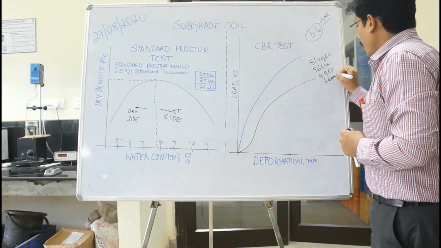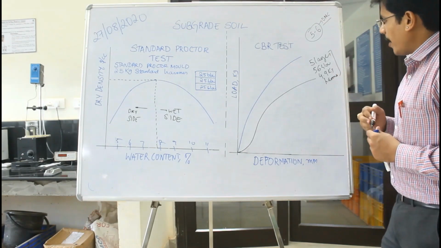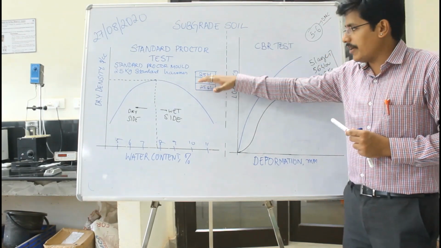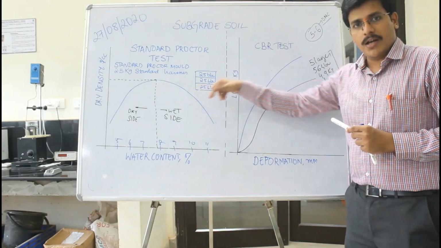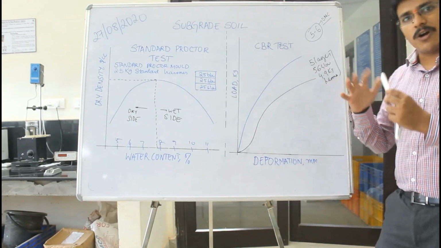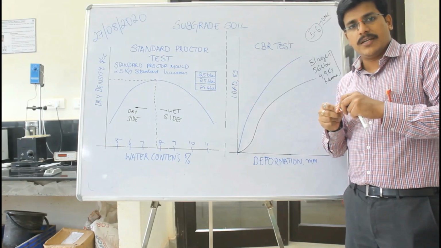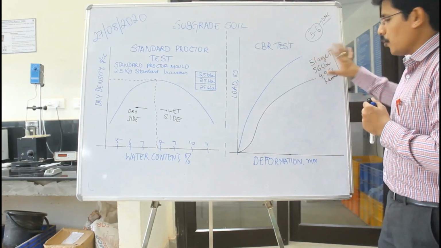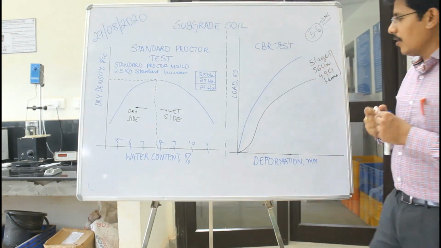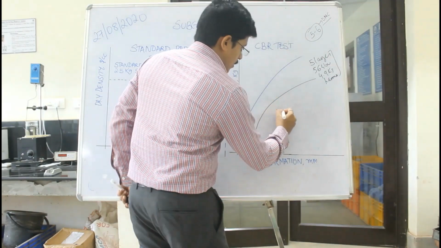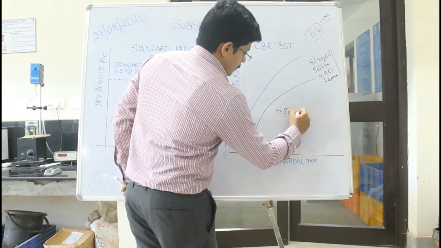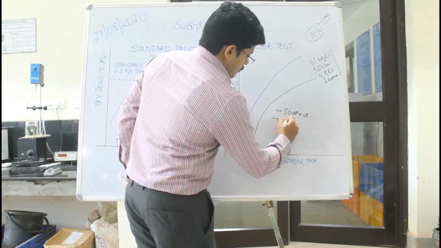So with this compactive effort, we compact soil in five different layers, 56 blows per layer with this particular hammer. Once we compact, we can have two conditions in this test. One is called soaked CBR, the other is called unsoaked CBR.